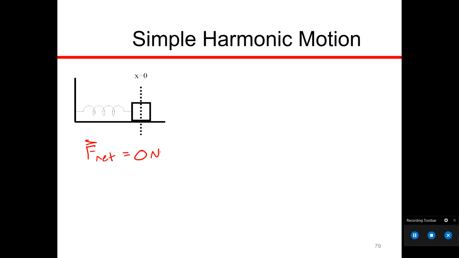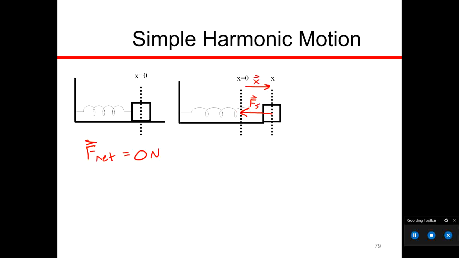Then we can apply a force. We can move that block away from its initial position, in the positive direction, some distance x. When we move it, because the spring is now stretched, a spring force is created. That spring force tries to return the block to its original equilibrium position.